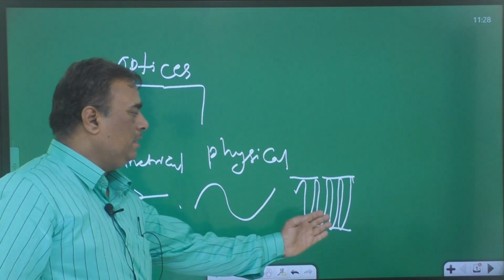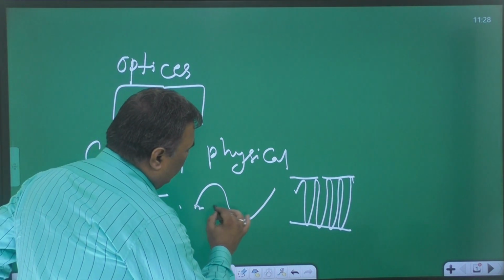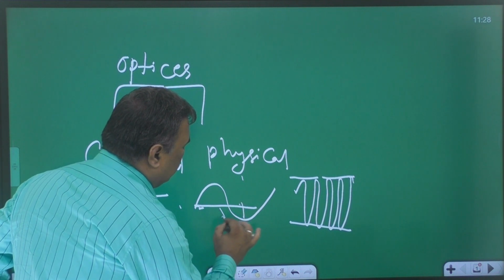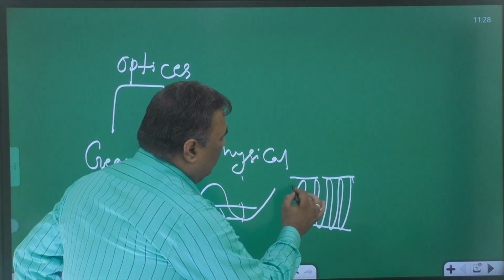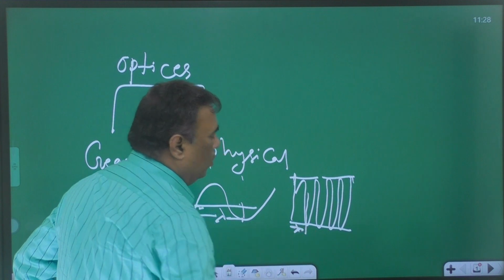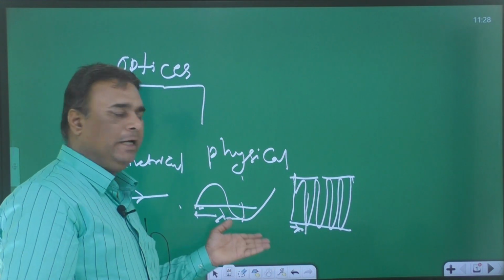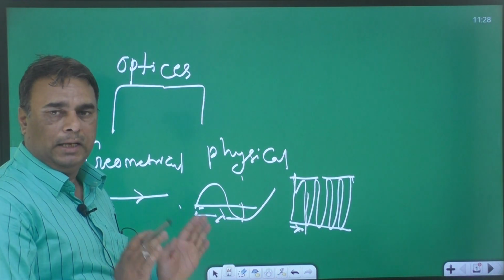Now what is the difference between this and this? This is one complete cycle and this distance is known as the wavelength. Look here, this is one complete cycle and the wavelength is very small. That's why when the wavelength is very small, it propagates in a straight line, and this is the first concept in light. Okay.